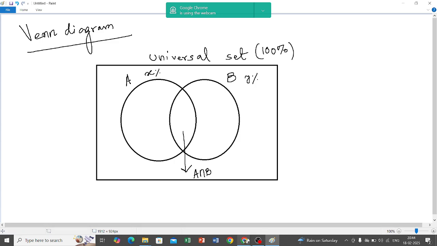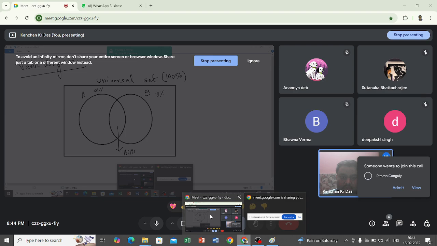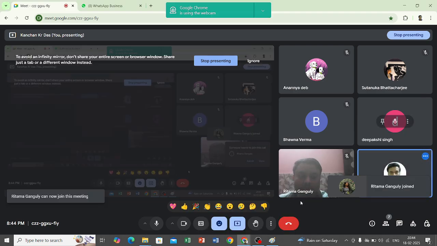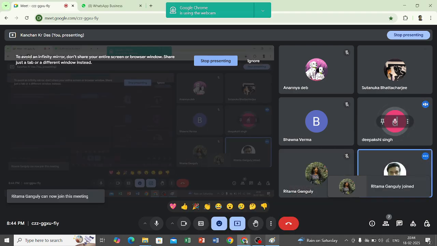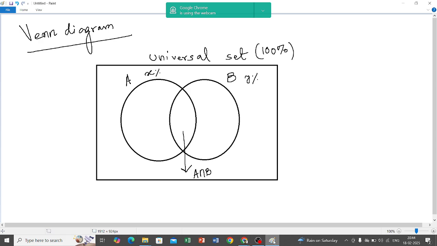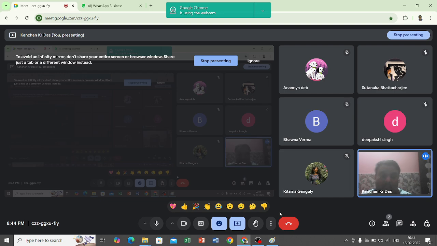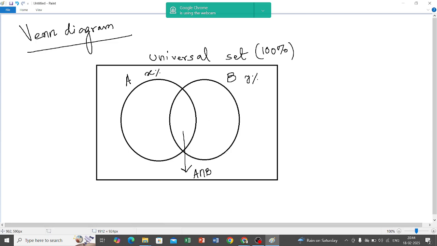Yes sir, the middle part contains the same elements which are in A group and B group. So intersection means the common part. Intersection, as the name suggests, is intersecting. It is the portion which is common between them.